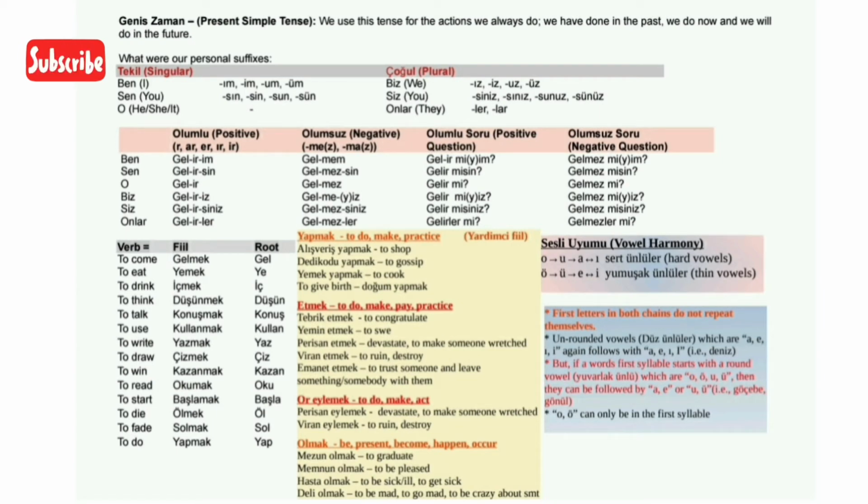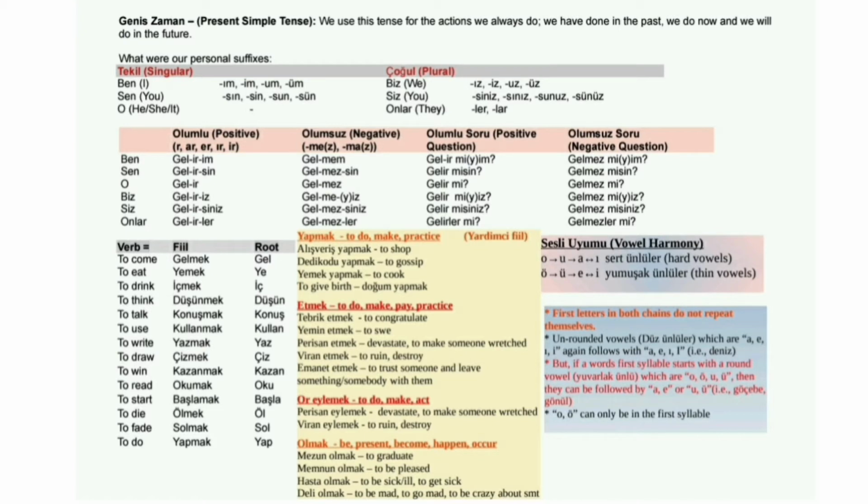As you can see, all the letters have to follow the arrows. A and ı can be in both directions, and e and i also can be in both directions.